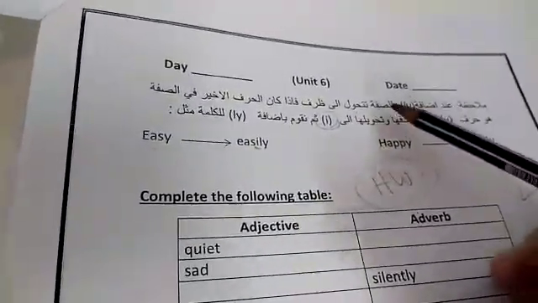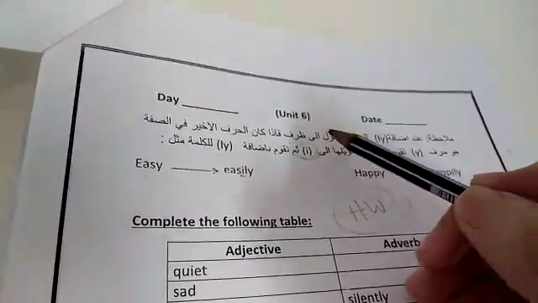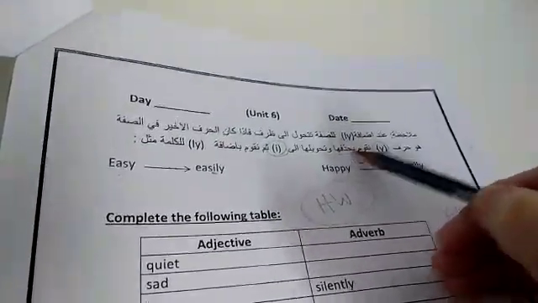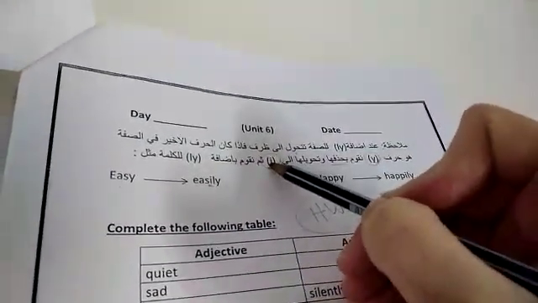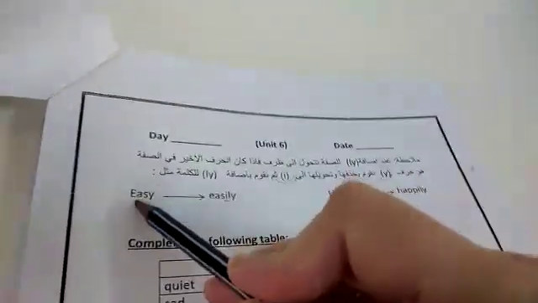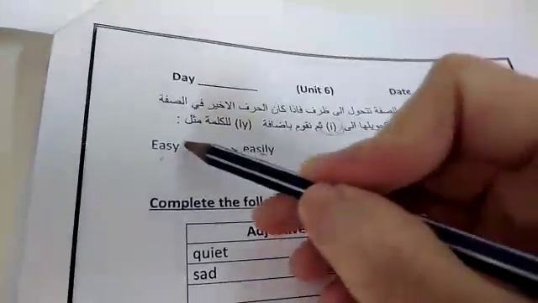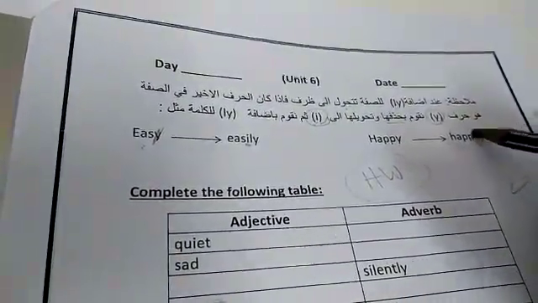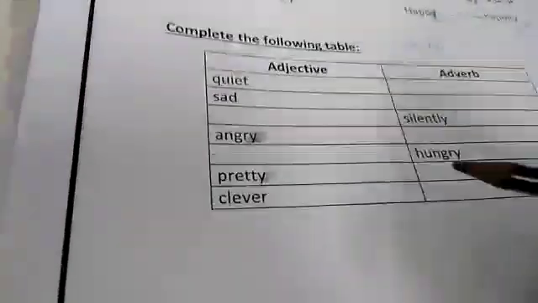When we add the ly to the adjective, you should drop the y, change it into i, then add the ly. Like easy, we drop the y, change it into i, then we add the ly, easily. Happy, we drop the y, then change it into i, then it becomes happily.